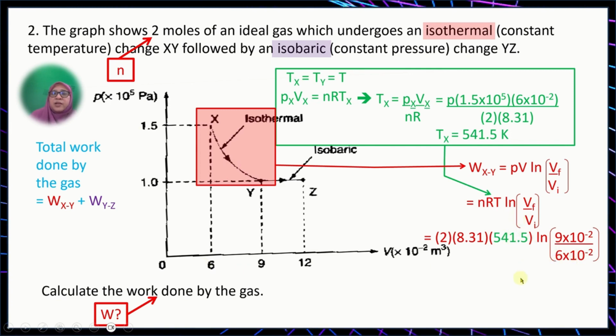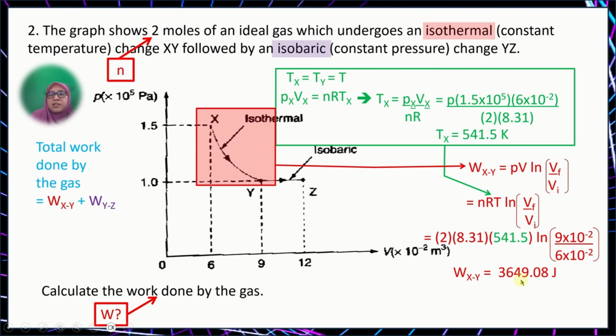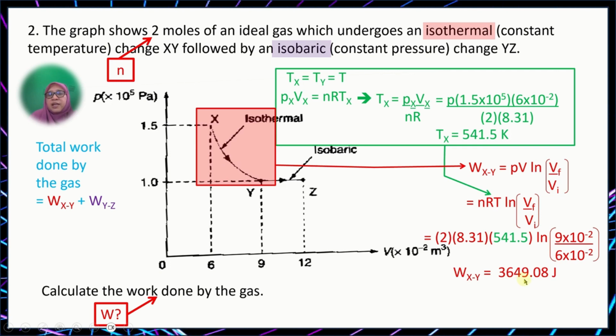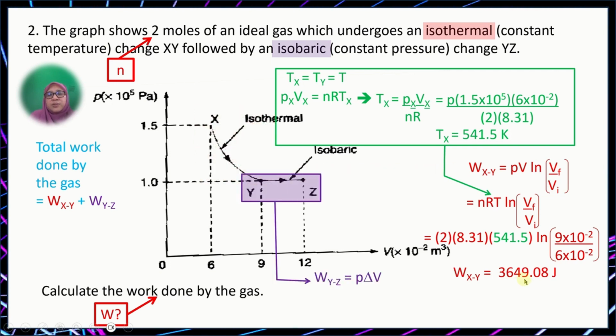This is the work done X to Y. Then we get work 3649.08 joule. Lastly, only then do we round off to the correct number of significant figures.